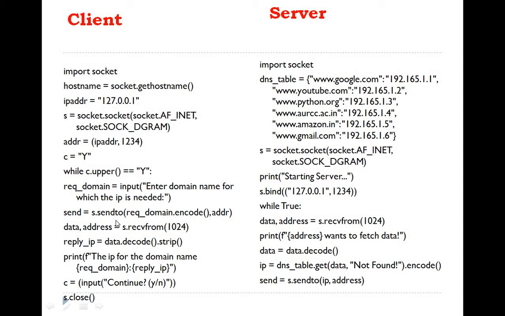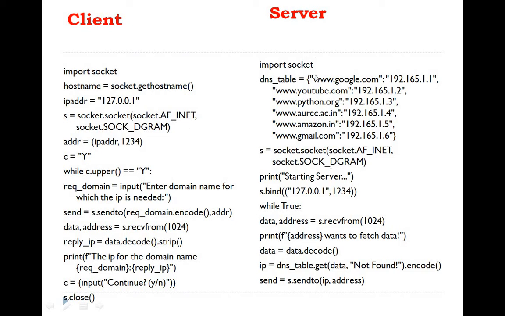I'm sending this domain name to the server and asking for the IP address. Then I'm receiving it, storing it in data and address, and decoding the data, storing it in reply_IP. I'm printing this reply in the command prompt. Then I'm prompting the user whether he wants to continue the service once again. If he presses Y, then the loop is repeated once again.